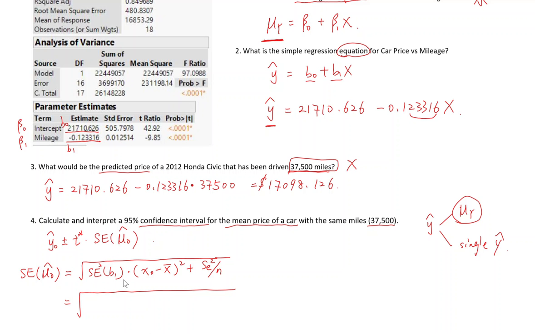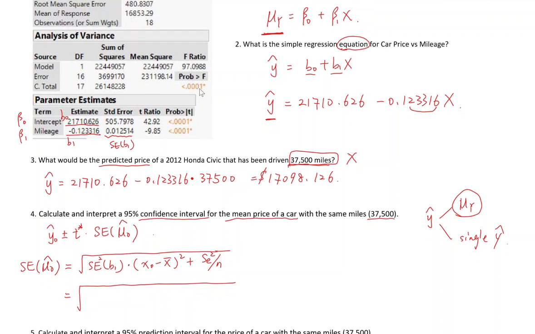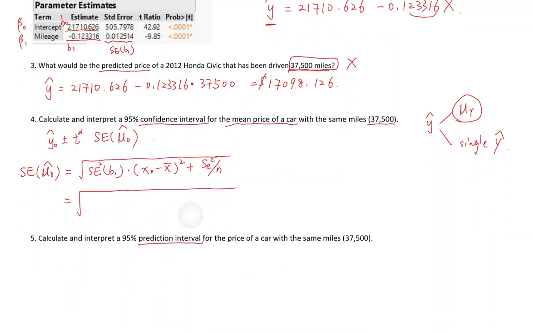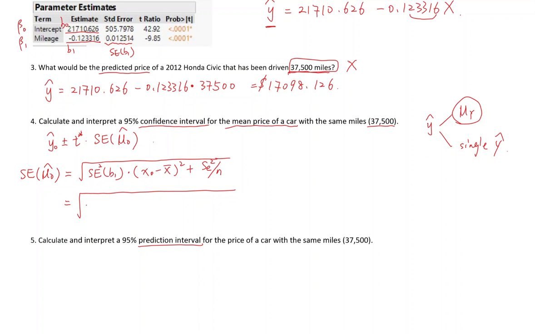So what is the standard error of B1? It will be just this. Right, so this is the standard error of B1. Okay, then we just plug into the formula, so it is 0.012514 squared times x0. So what is x0?